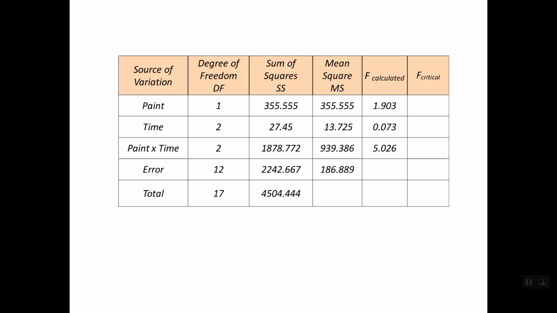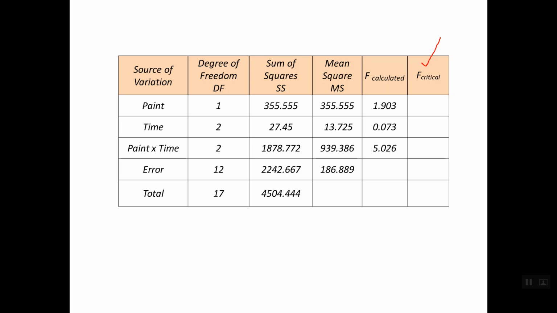So the rest, in order to complete all the contents of this two-way ANOVA table, is to find the value of the critical F. Simply, we can return to the F distribution table, and you should notice that the significance level in our question is 0.05.